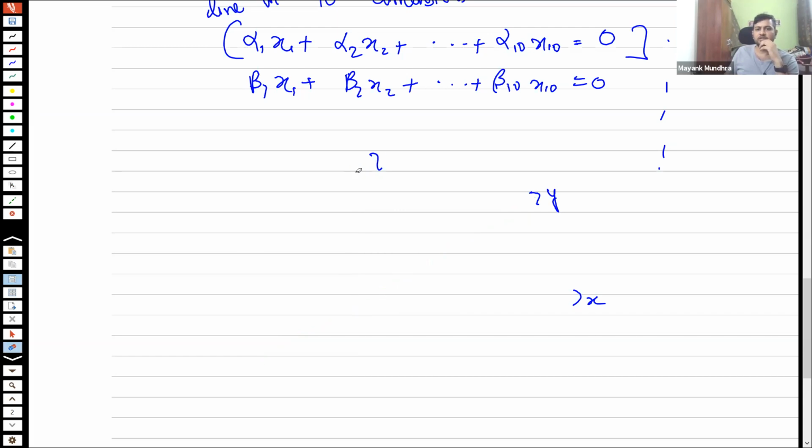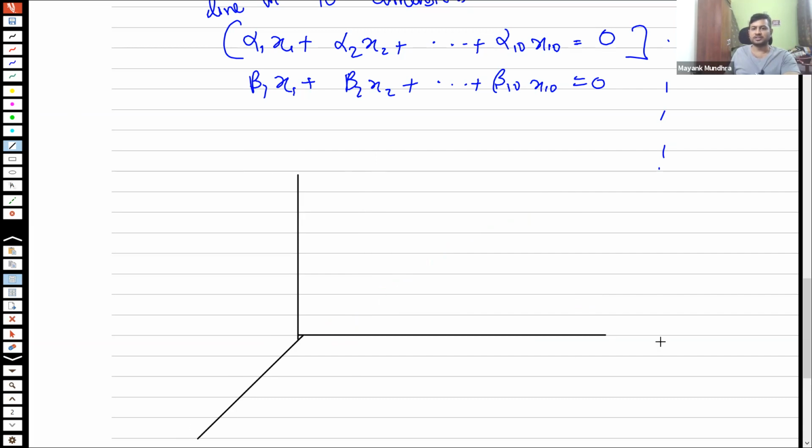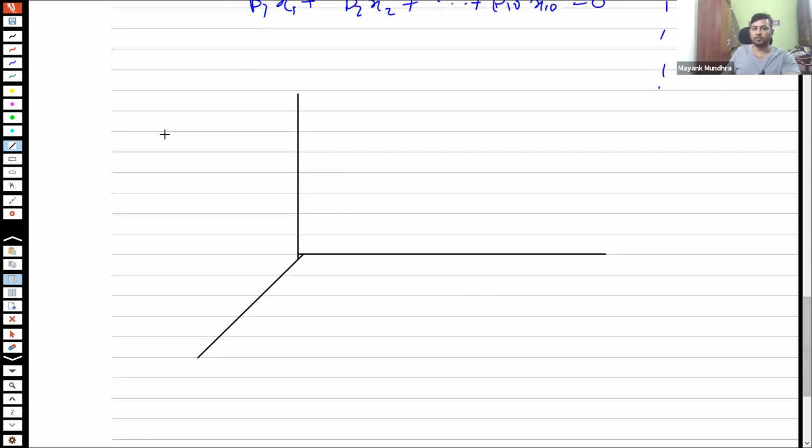Okay, this imagination might not work. So rather, let me give you an imagination for this: suppose this is the corner of a room. This is your wall 1, this is your floor, and this is your wall 2.